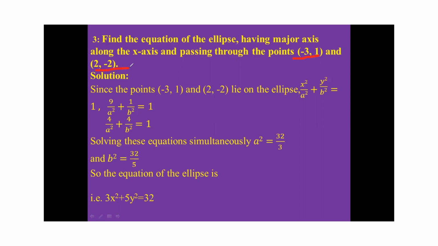Substitute -3 into x and 1 into y, which gives 9 over a squared plus 1 over b squared, which equals 1.